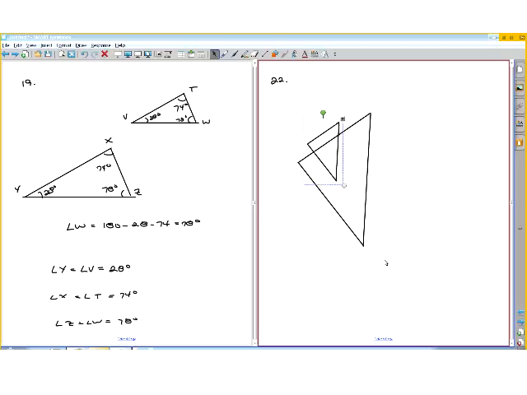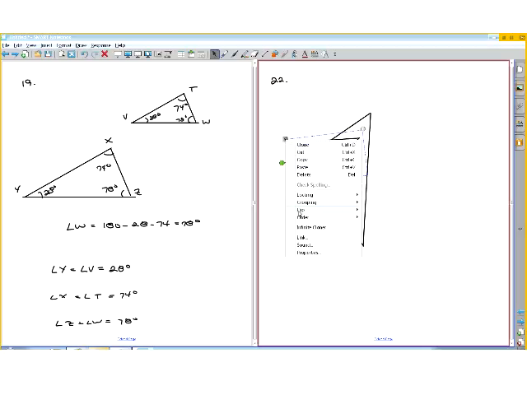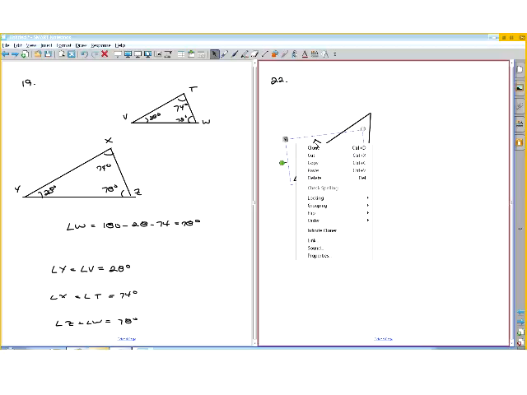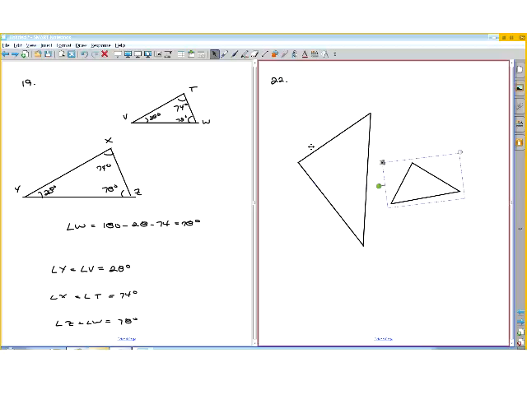I'm going to shrink it. And I'm going to rotate it. Actually, I got to flip it, I think. There we go. Okay, so you see I just changed the size of it. I didn't change the relative dimensions.